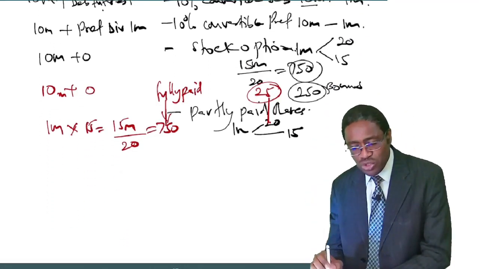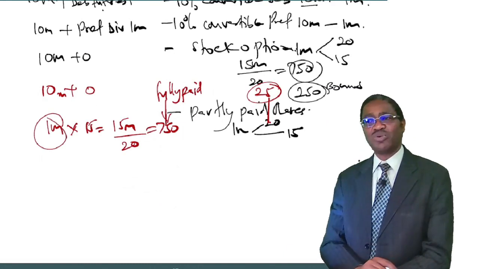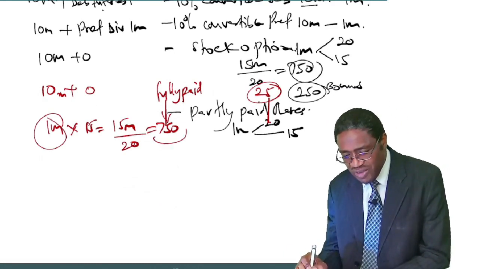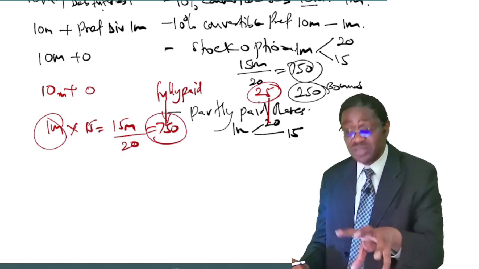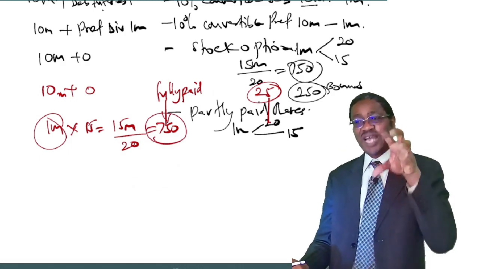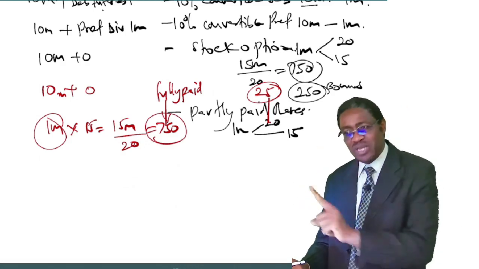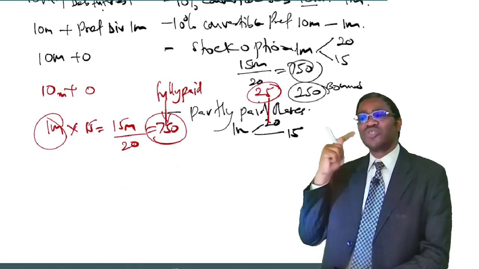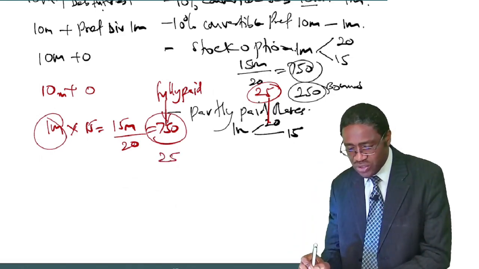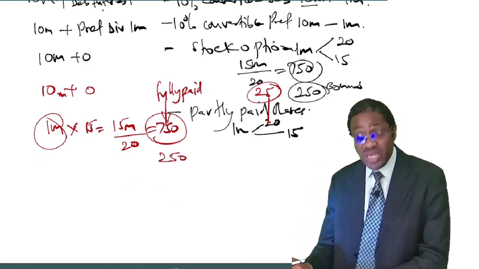So far, out of the 1 million, you have issued 750,000, and those are already participating in dividend. But the moment they pay me the balance, you will issue another 250,000 shares, the balance of their shares to the extent that they are fully paid.